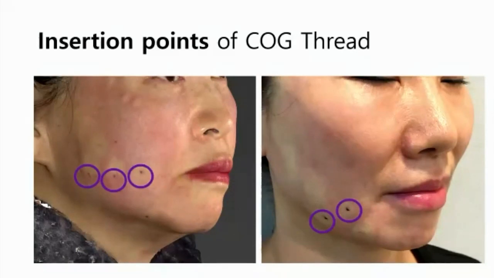If you use 3 PDO threads, the insertion points look like this, and if you use just 2 PDO threads, the insertion points look like this. And you can see the lower part of the other injection points. These points are the pillar injection points.